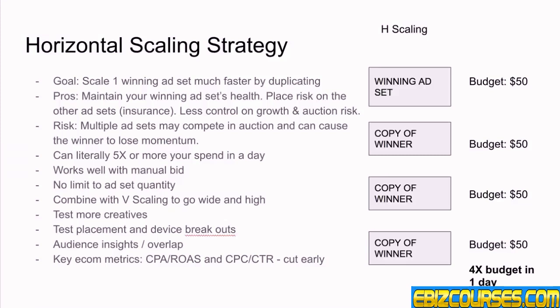Again, with the horizontal scaling, be prepared to bring more creatives into play. So if you've been through the graduation framework, you will already know how to have your creatives queued up, ready to be used. Be prepared to use them in your horizontal scaling strategy, probably more so than your vertical, because when you're going horizontal, you are going to be reaching far more people in your audience than you were through the vertical strategy.